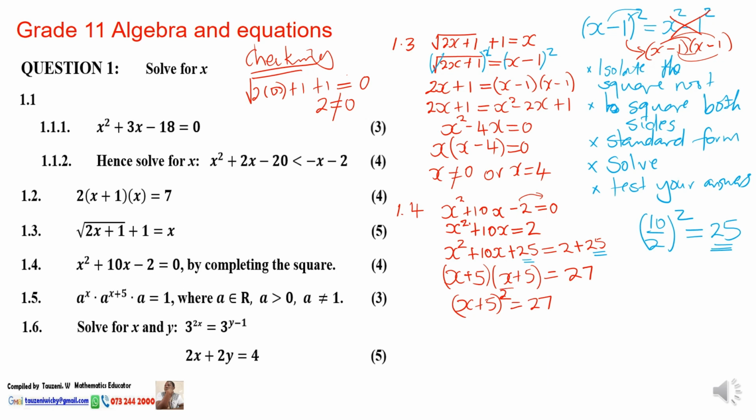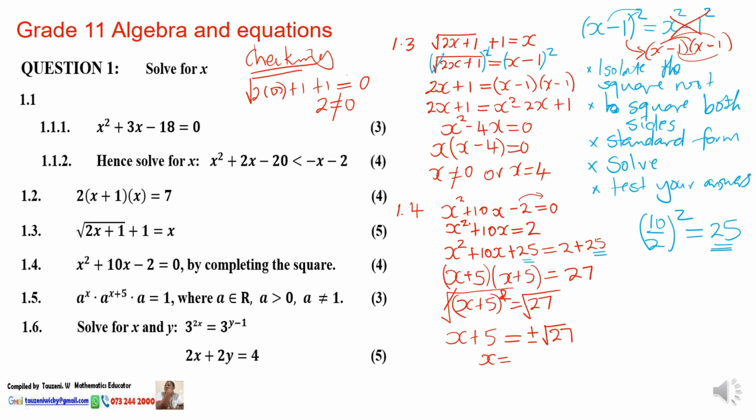So if you take the square root of the left and the square root of the right, then the square and the square root will help us get x plus 5 is equal to the square root of 27. Now, the square root of a number is positive or negative. Therefore, this is equal to plus or minus the square root of 27. Then to complete our answer, we transpose the 5 to the right-hand side.